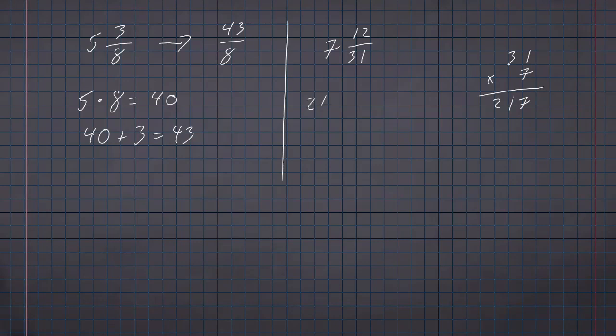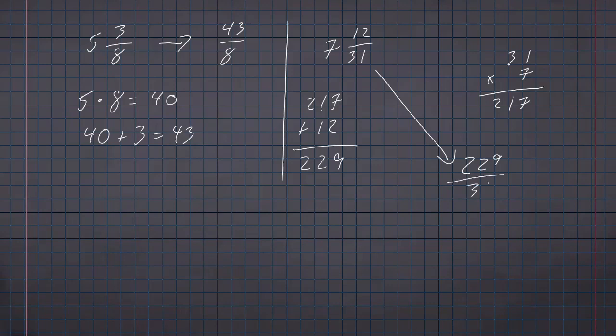So that's 217 plus the numerator, 12, is 229. So 7 12/31 is the same thing as 229/31. Again, when you're converting between mixed numbers and improper fractions, the denominator stays the same.